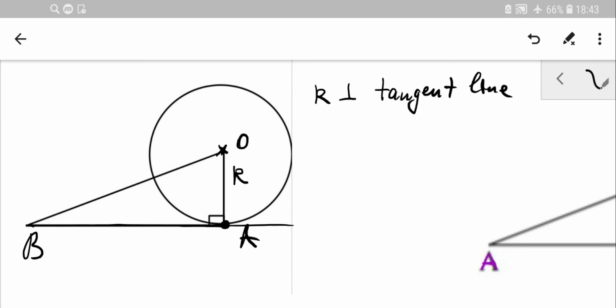In other words, we can state that OA is perpendicular to BA. How can we form a triangle? We can connect the center with some point on this tangent line, like B, and hence we arrange a right angle triangle.